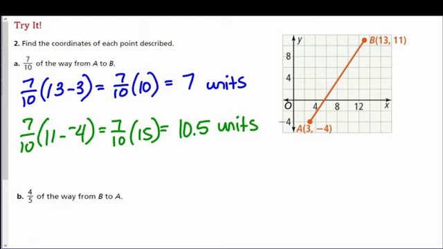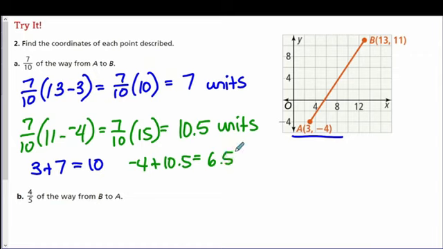So now to find the coordinates of this point, I'm going to add the change, or the number of units, to the coordinates of A. So for the x coordinate, I need to move 7 units to the right. So 3 plus 7 equals 10. And I need to move 10.5 units up. So negative 4 plus 10.5 equals 6.5.